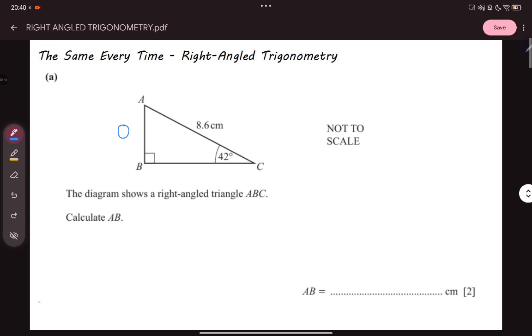But I'm not going to label that one because we don't really need it. They're not telling us what it is, and they're not asking us to find it. The side that I do need to label is the 8.6, which is the H side, the hypotenuse, the side opposite the right angle.